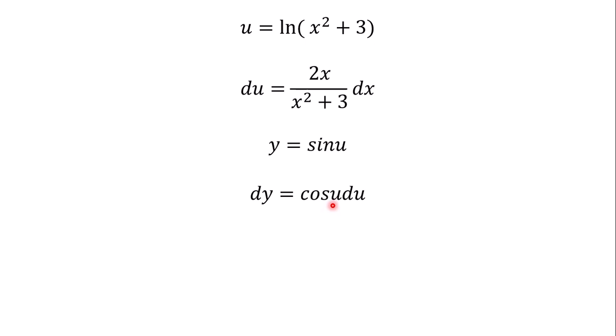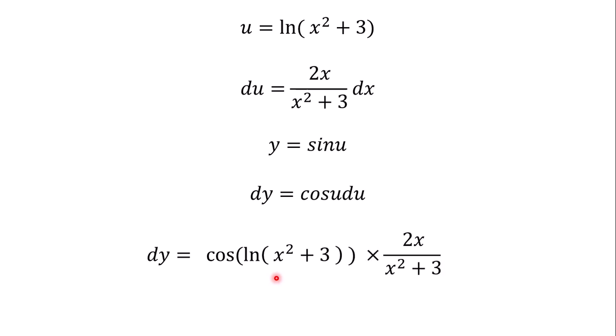So here is cos u. So let's go back to the x world. Okay, so you're gonna replace the u with natural log of x squared plus 3. Here we are having cos u, and u is equal to natural log of x squared plus 3.